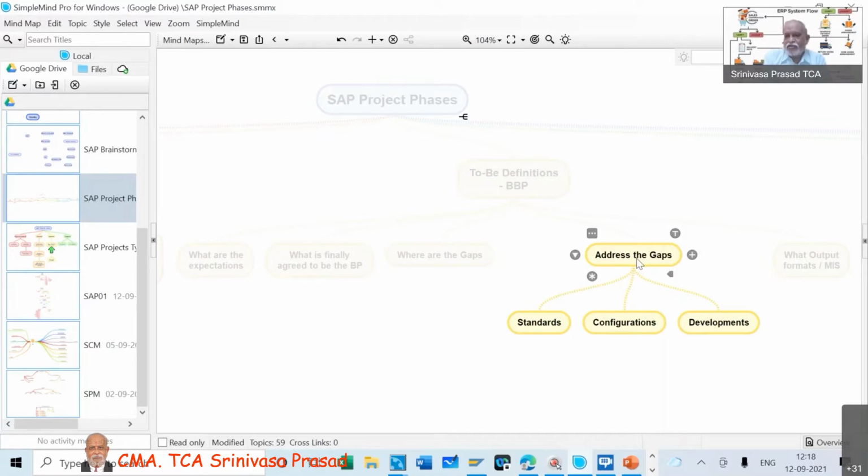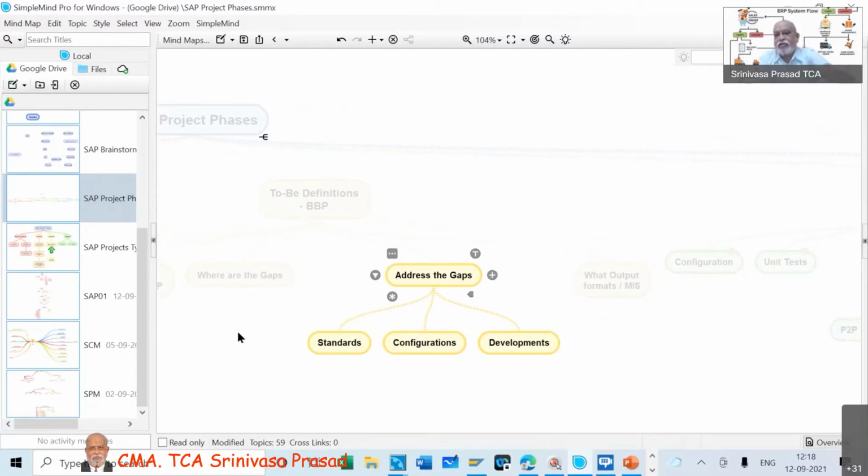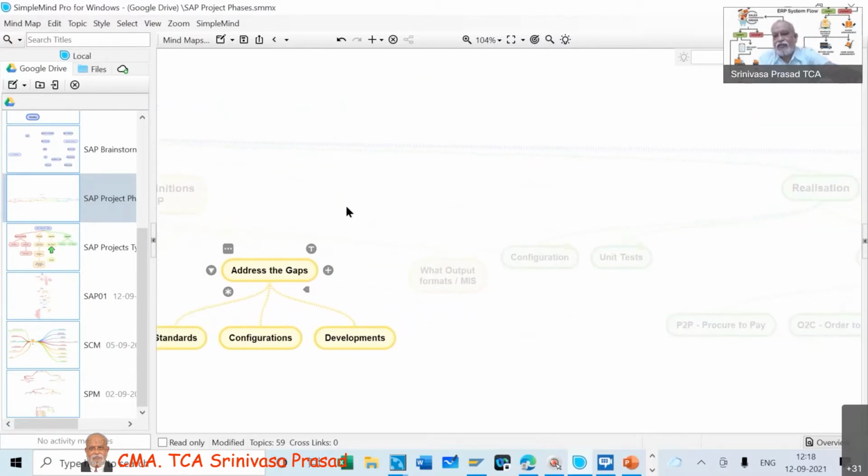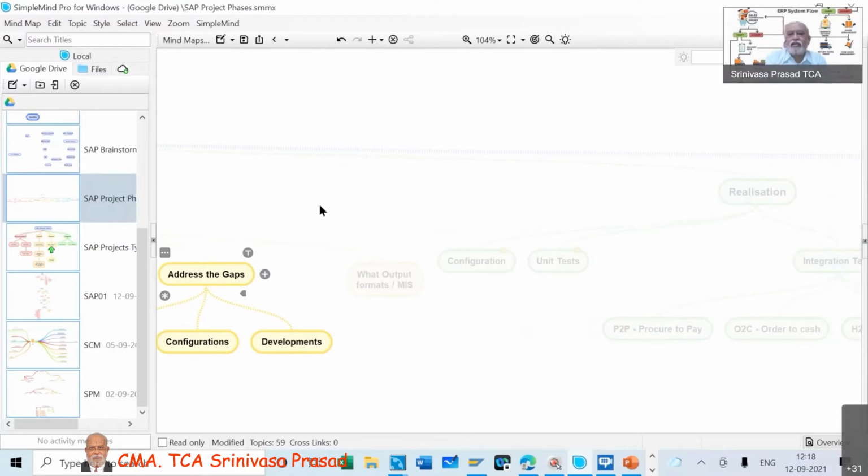Standards, there is no issue if it is addressed. Configuration also no issue, because when the software gets updated or upgraded, there will be no issue. But in case it is to be development, then we should caution the management that so much development is going to create problems for them at a later date. So they will have to adopt the best practices in the industry and then do the job.